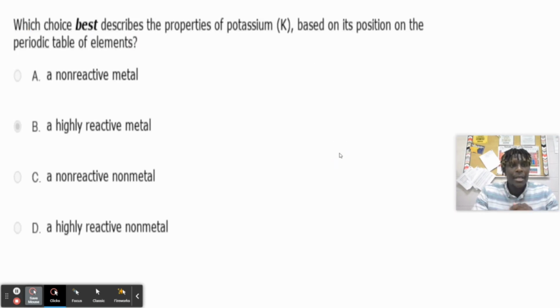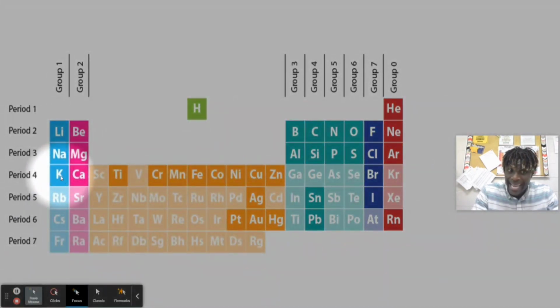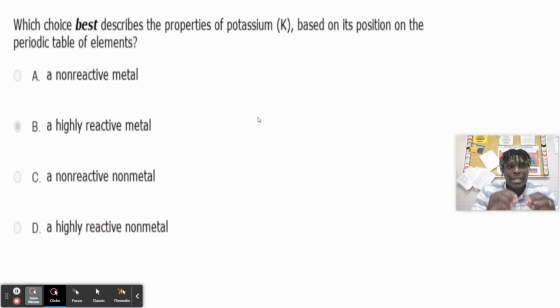Good. Here's question number 2. Which choice best describes the properties of potassium based on the position on the periodic table? And if we go back, potassium is K right here. That's in group 1 of the periodic table. So what does the question say? Which best describes the properties of potassium based on the position on the periodic table?